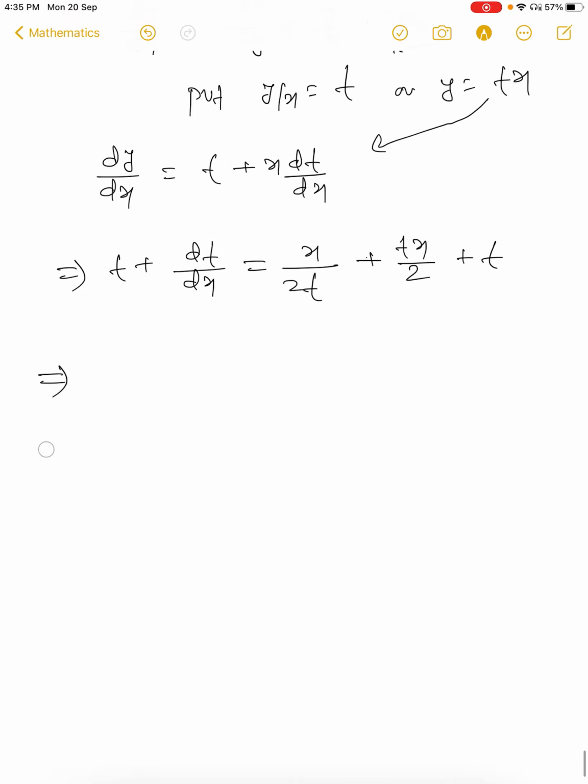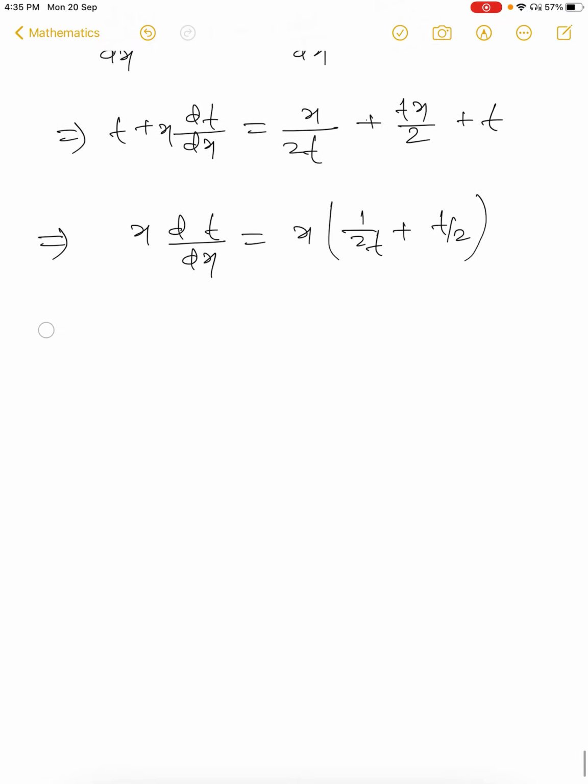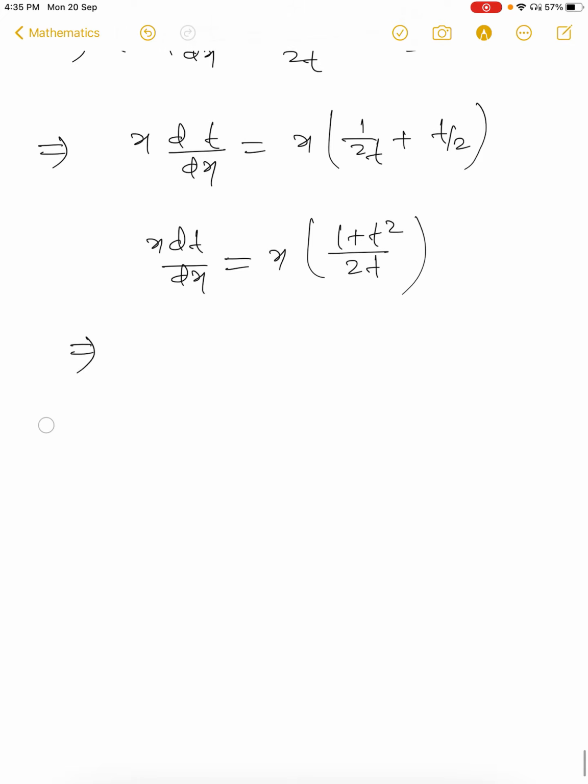From here we will get x dt/dx. Taking the common factor, 1/(2t) plus t/2. So x dt/dx is equal to (1 plus t²)/(2t). Then 2t/(1 plus t²) dt equals dx/x, integrating plus c.